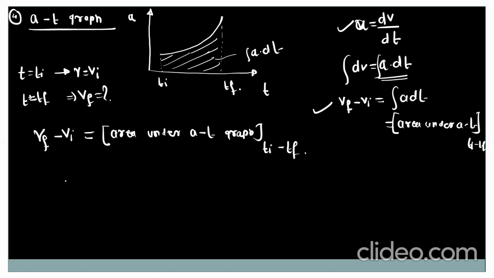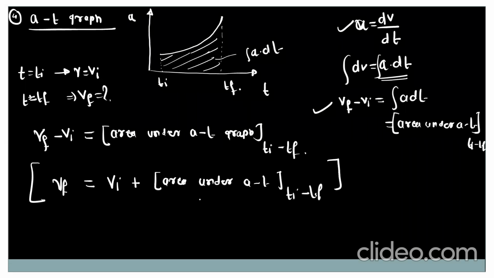So vf is equal to vi, that is the initial velocity, plus the area under the AT graph between time limits ti to tf. So by using this formula, we can find out the final velocity from the AT graph.